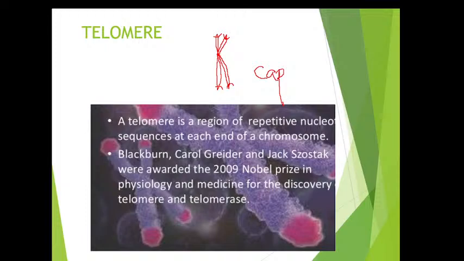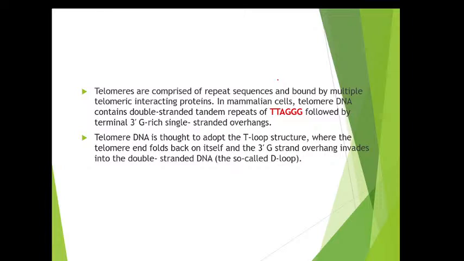These telomeres are heterochromatic and highly condensed, and are often seen associated with the nuclear envelope too. Telomeres are comprised of a repeated sequence. They are also called the tip of the chromosome because they are found at the tip.